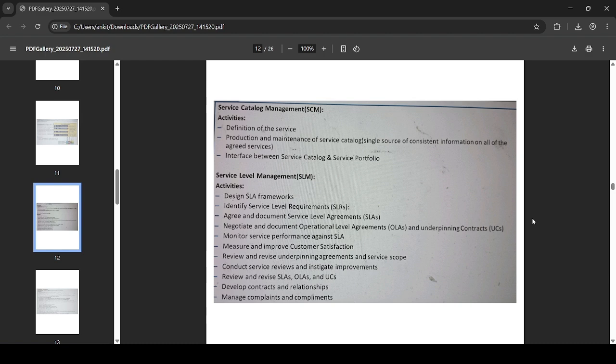Measure and improve customer satisfaction, review and revise underpinning agreements and service scopes, develop contracts and relationships, manage complaints and compliments. So if any SLA gets breached, there will be a major complaint, and also compliments as well.